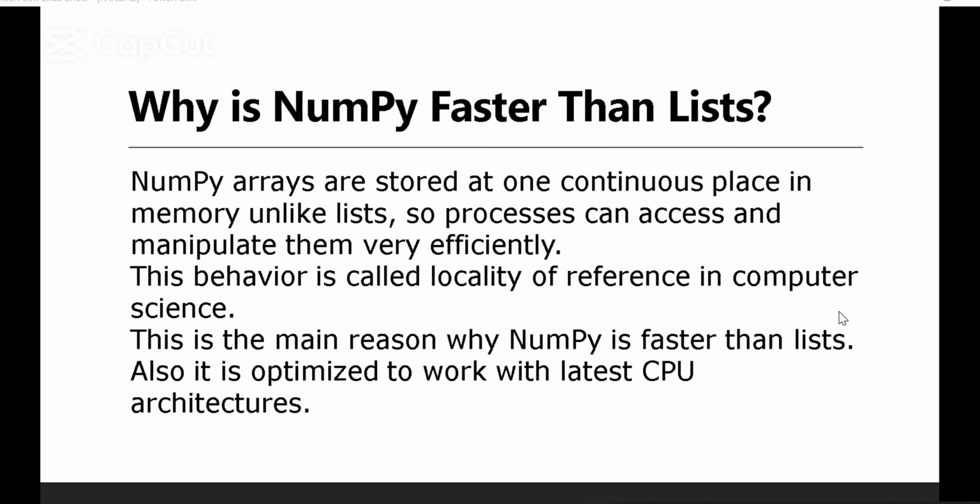We have seen what NumPy is, why we use NumPy, and why it is faster than lists. Now we will look at how we can use NumPy in Python. For that purpose, we will use VS Code.